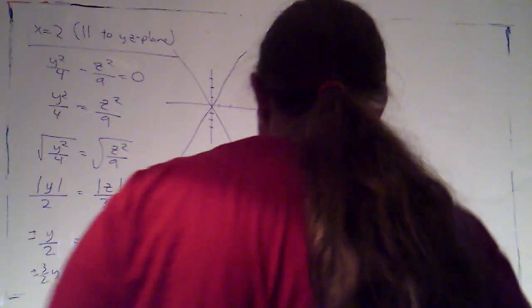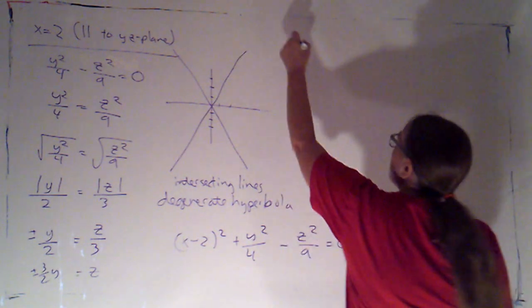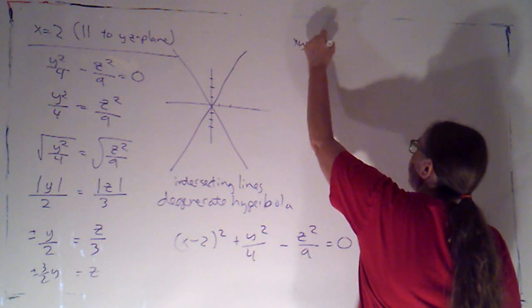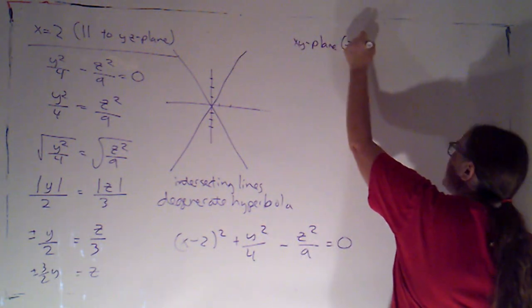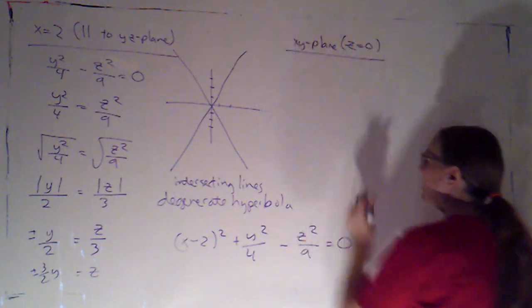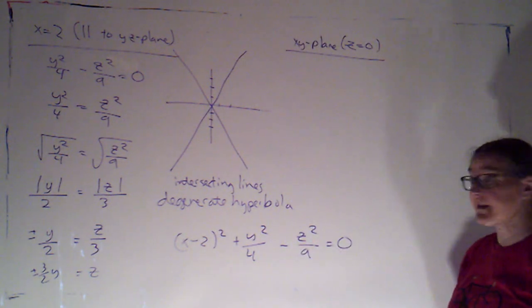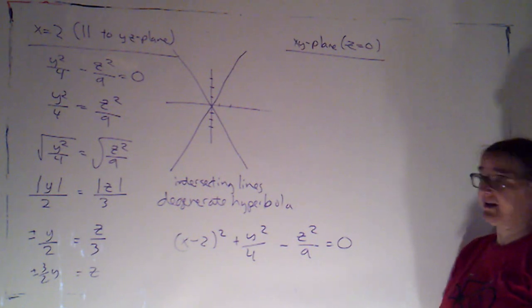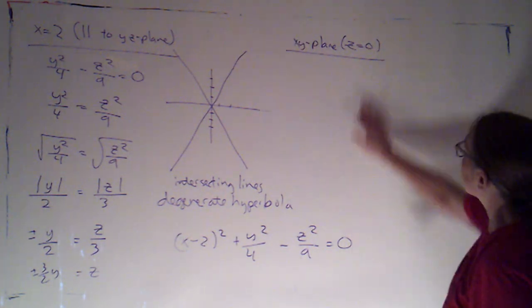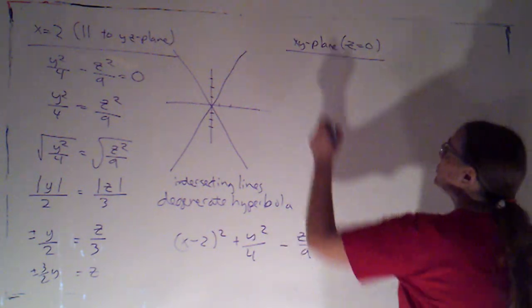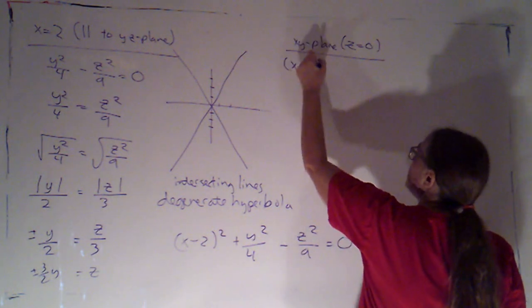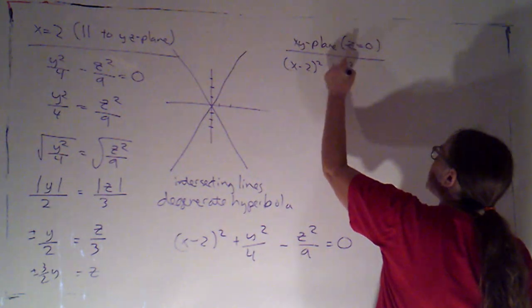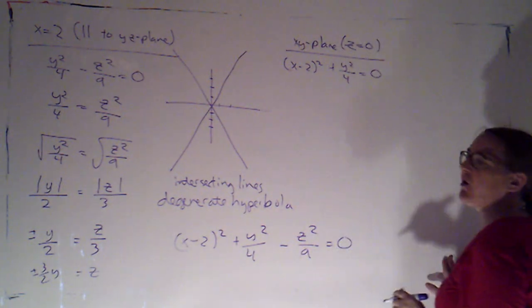So let's go ahead and take a look in the xy plane. Now that has as its equation z equals 0. And here I do want that coordinate plane because the z value at the center is 0 in this case. Now, if z is 0, that kills off this term. So I'm getting x minus 2 squared plus y squared over 4 equals 0.